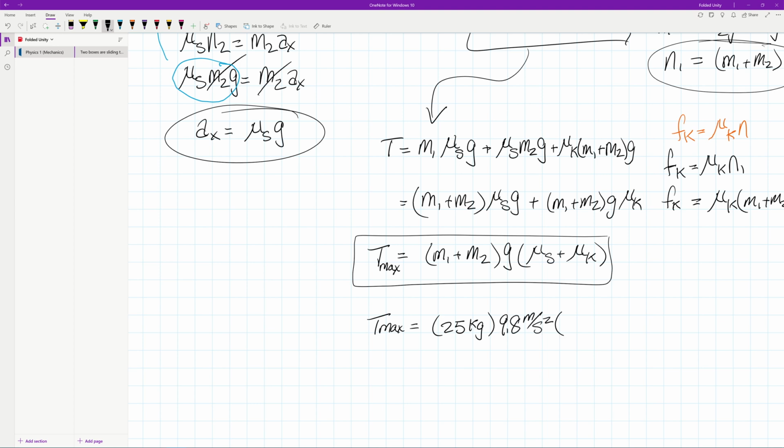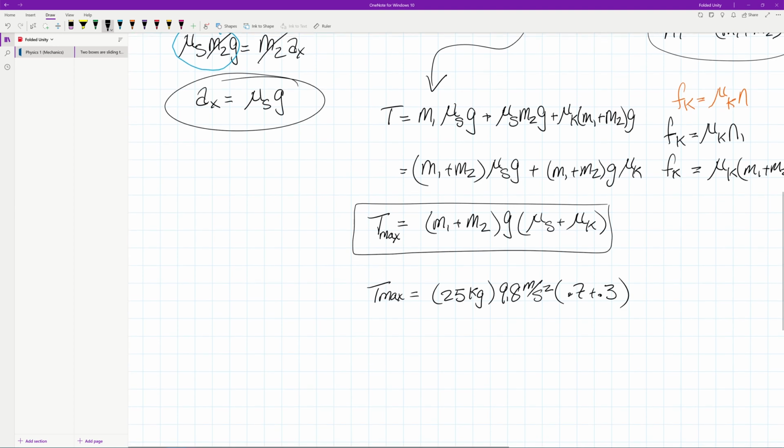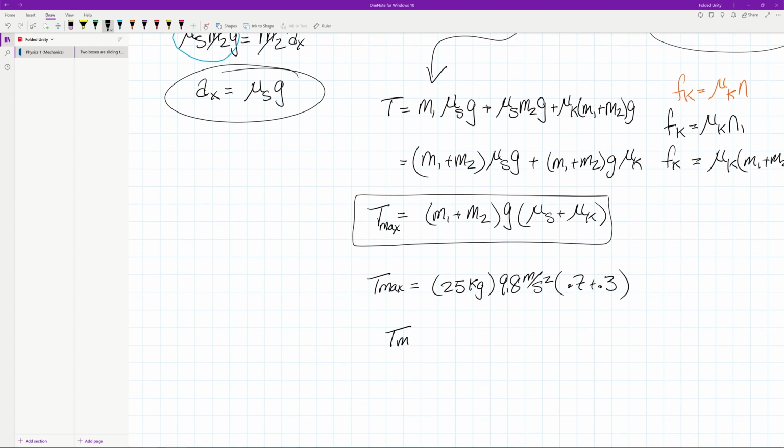And our coefficients of friction were 0.7 for the static and 0.3 for the kinetic, which is going to add to 1. So really all I need to do is multiply 25 by 9.8, and I get an answer of maximum tension of 245 newtons. Okay, so numerically we're done with the problem.